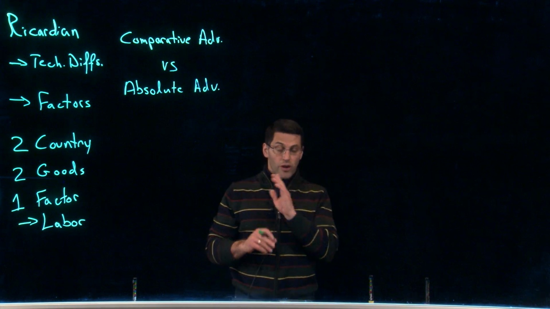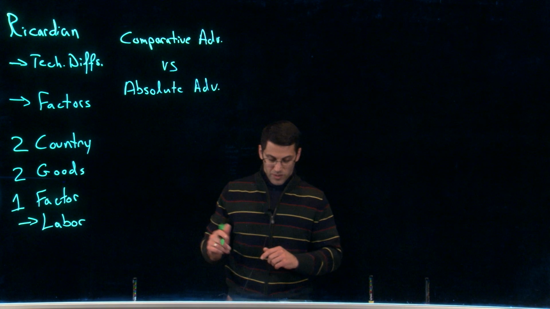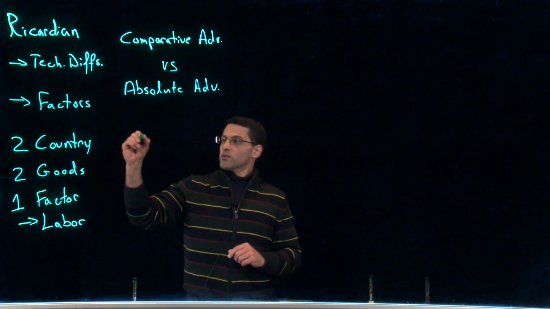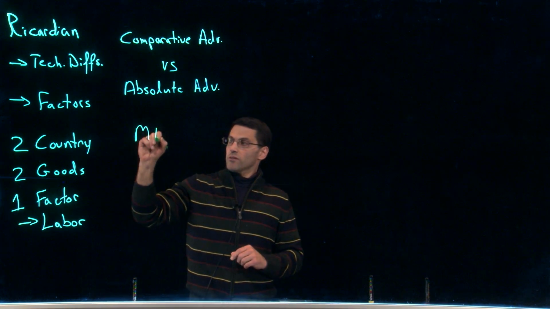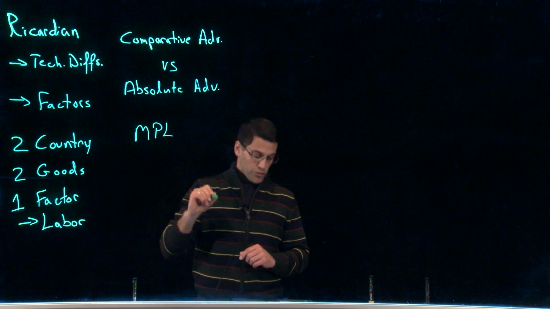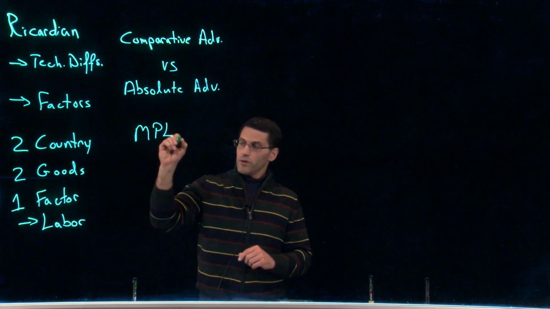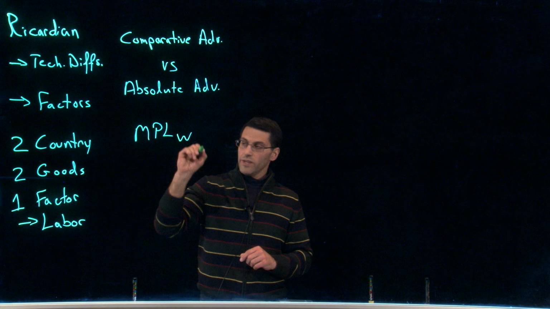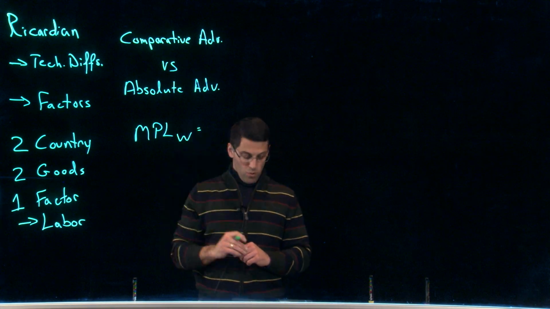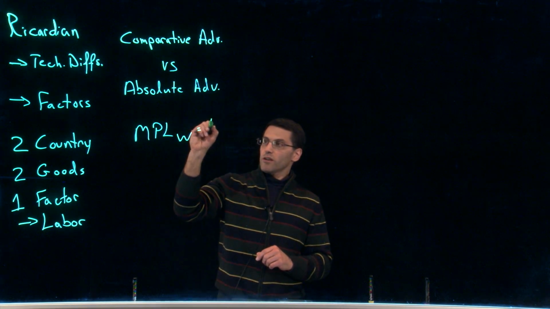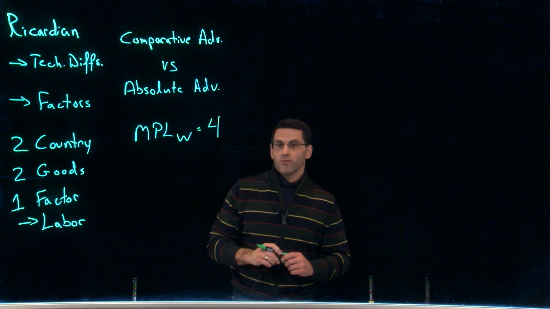We always start off talking about the home country first. So what we need is 3 pieces of information. We're going to have the marginal productivity of labor in wheat, which is our 1st good. We're going to say that that marginal productivity is 4. What does that mean?